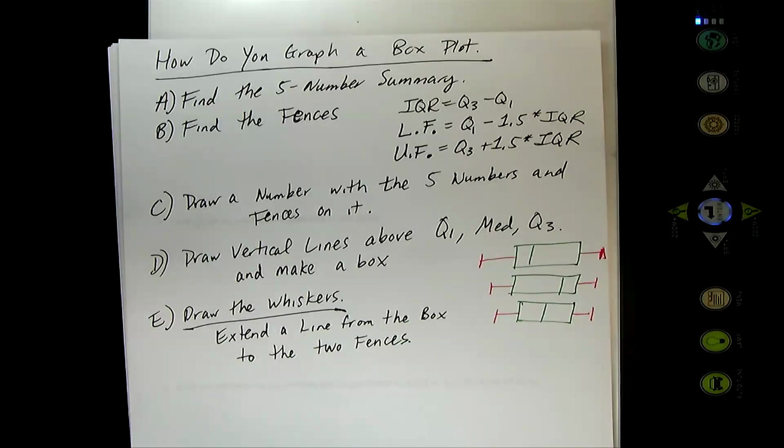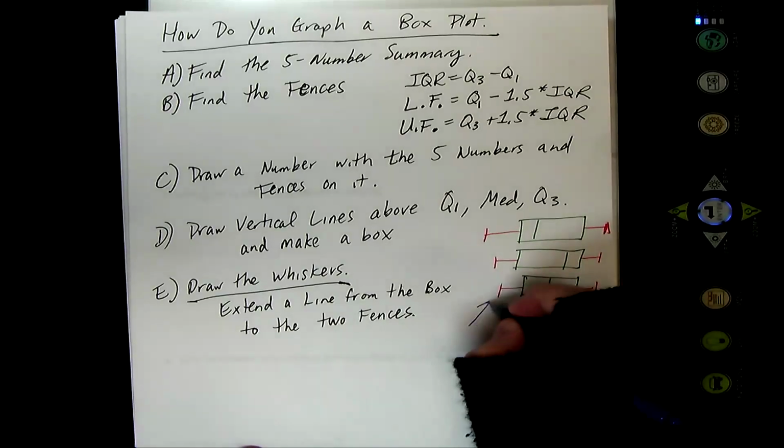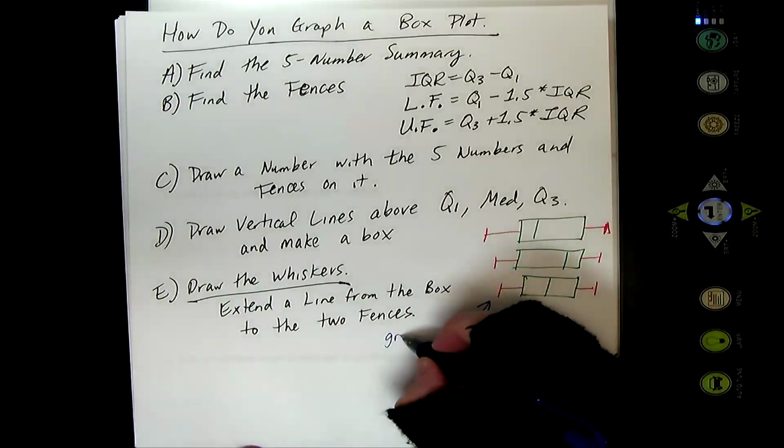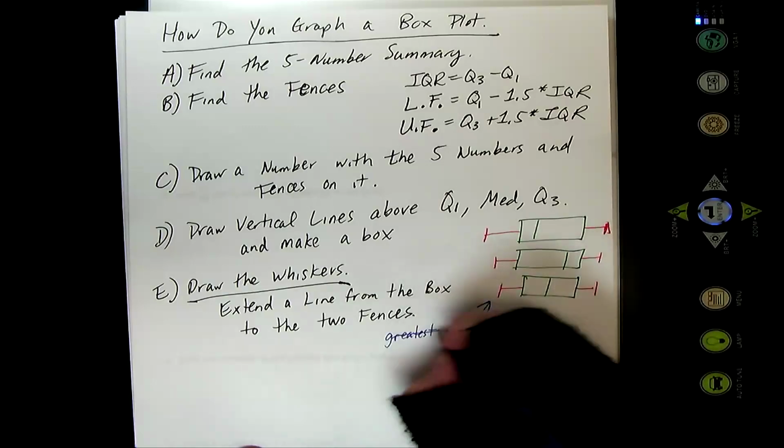Now, generally, the way StatCrunch does it, the one on the left is the lowest non-outlier.